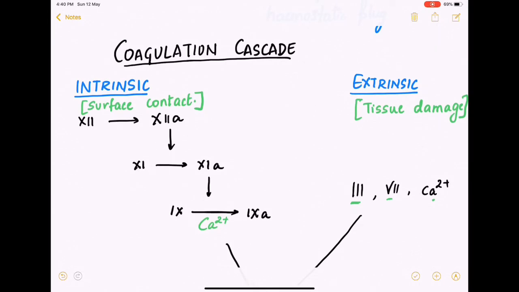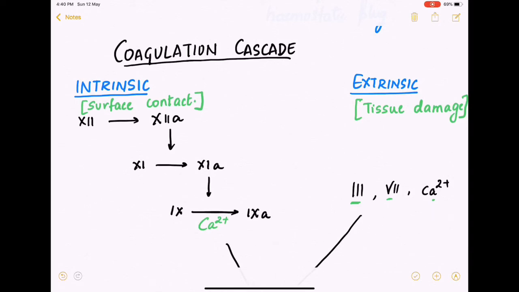For the intrinsic pathway to occur, all you need is contact with a negatively charged surface. It could be a damaged cell. It could be glass, as you can demonstrate in vitro.